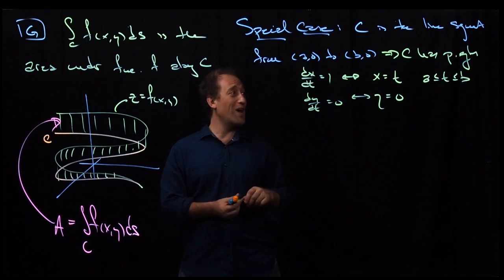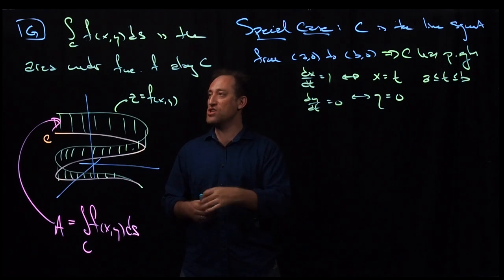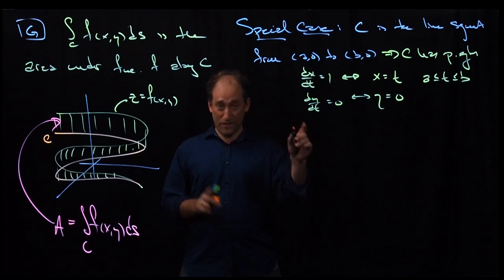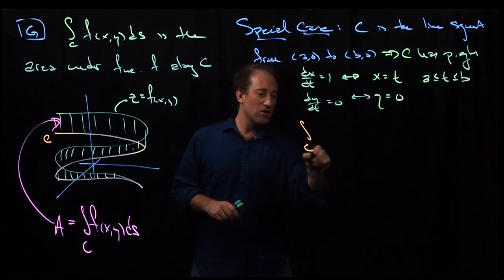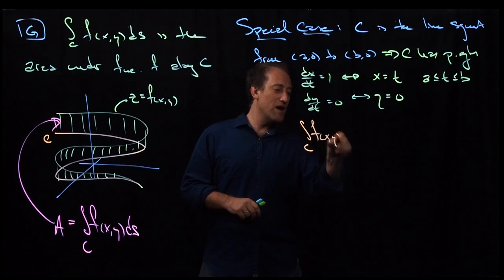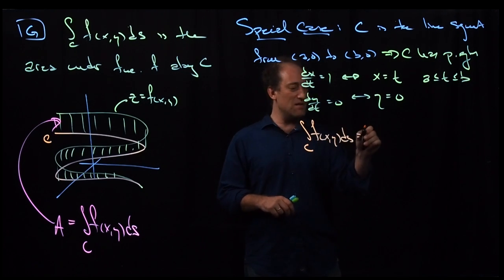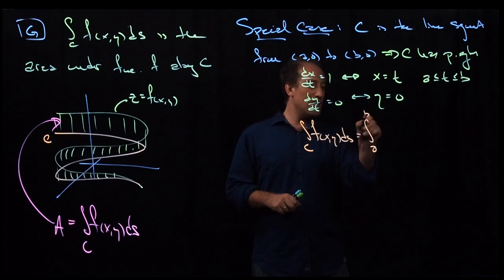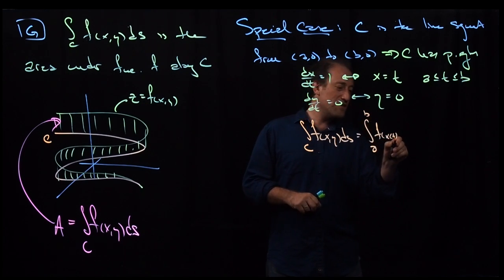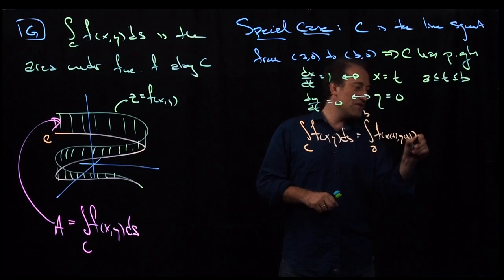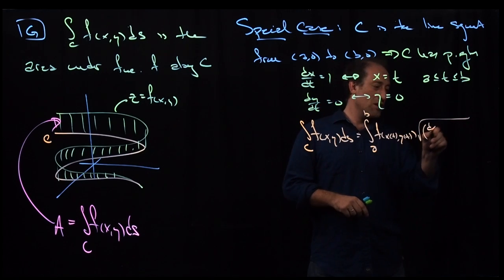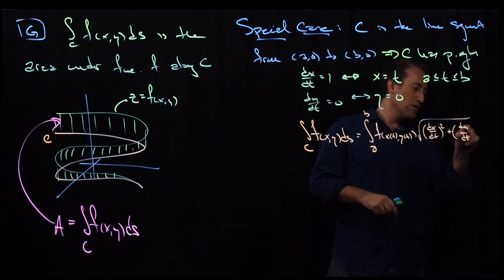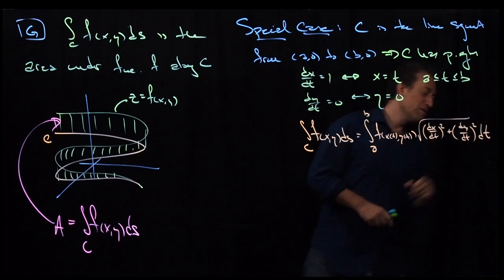Let me roll out once more my equation for a line integral of a function along a curve C. Namely, the integral along C of f of xy ds is the integral from A to B of f of x of t, y of t times the square root dx dt squared plus dy dt squared dt.